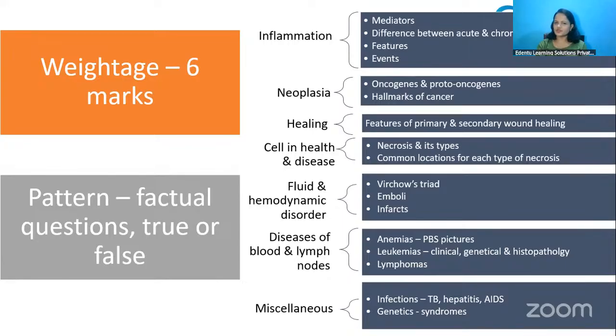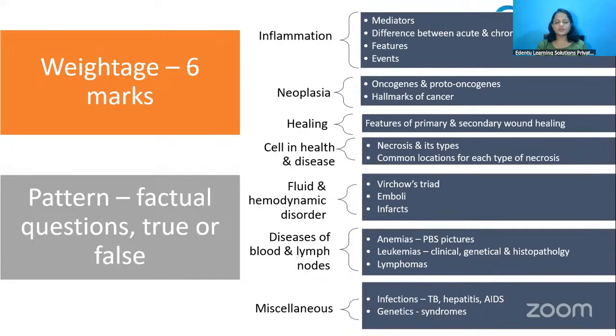Most of them are straightforward one liner factual questions, but sometimes these one liner questions can get difficult also, because you have to understand the concept or the subject very thoroughly to answer such questions. Such questions were asked in general pathology.